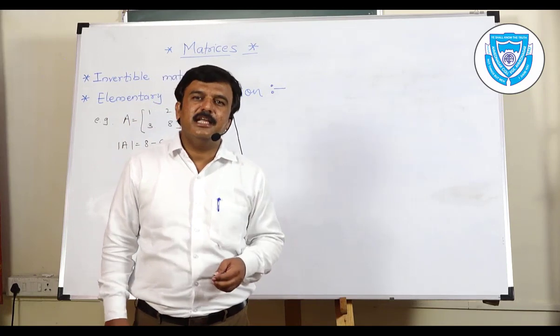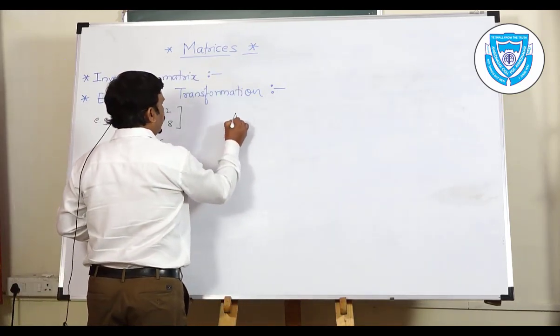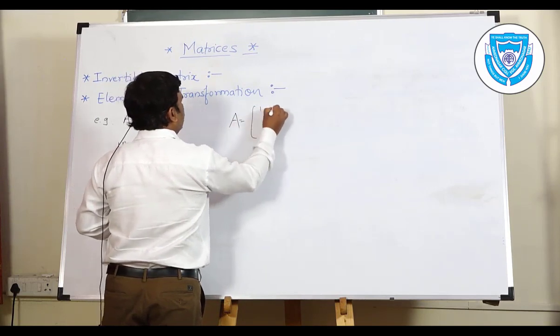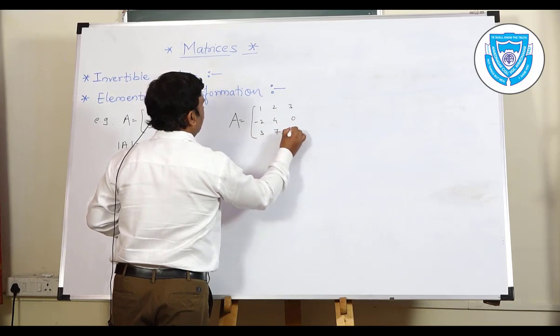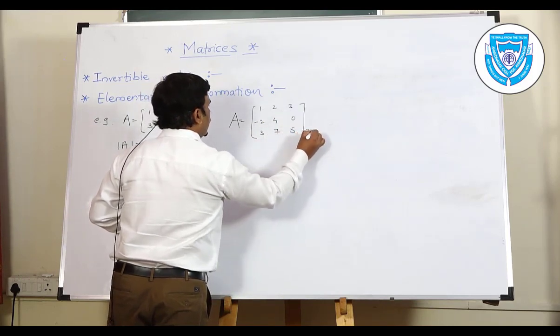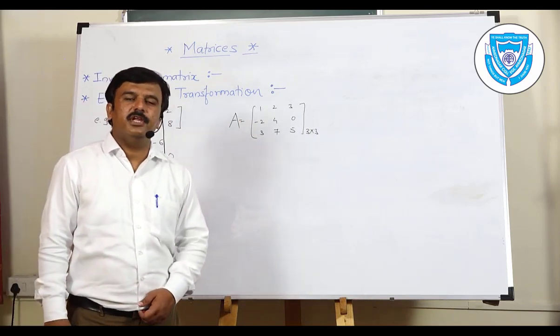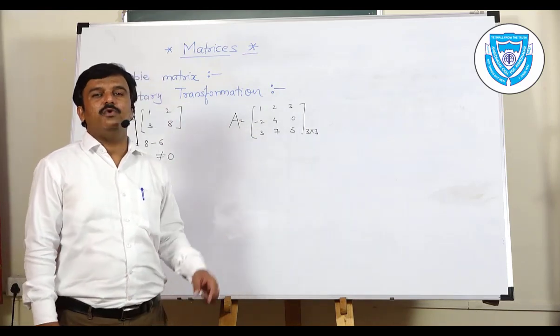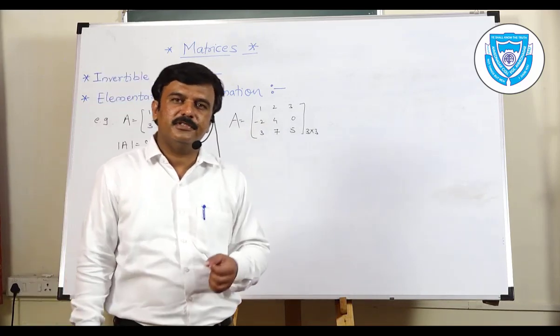Let us see the same using a simple example. Suppose we have a matrix A whose elements are 1, 2, 3, minus 2, 4, 0, 3, 7, 5. You can observe that we have a square matrix whose order is 3 cross 3. Now let us see how to perform elementary row operations as well as elementary column operations.